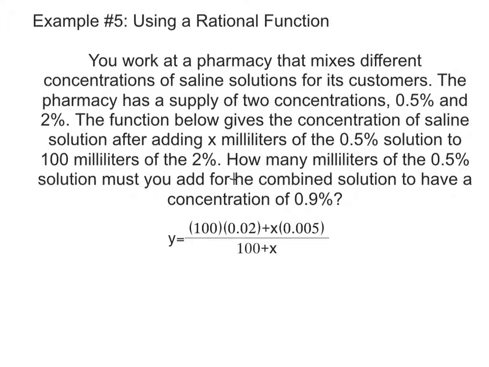First of all, we have to understand what this function really means, and how it's set up, because there will come a time where you will need to set up your own solution. So first of all, the 100 times 0.02 means 2% of 100.